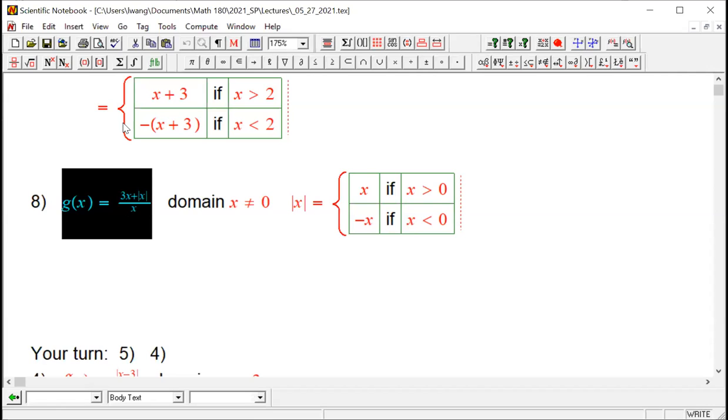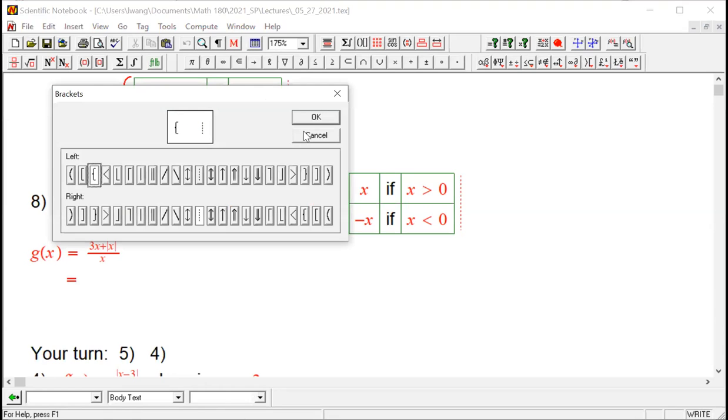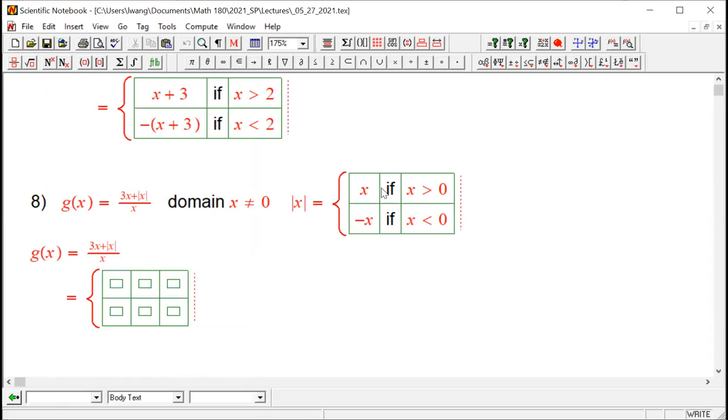So now let's look at g of x. One of the terms in g of x involves the absolute value, and it has two branches. For that piece, there are two branches, and the conditions are the same.